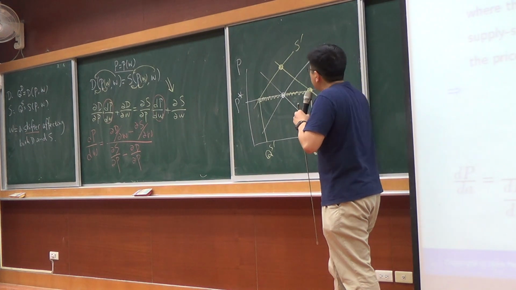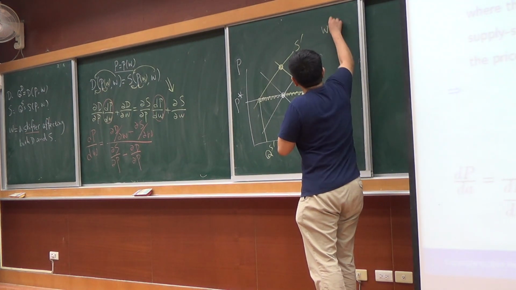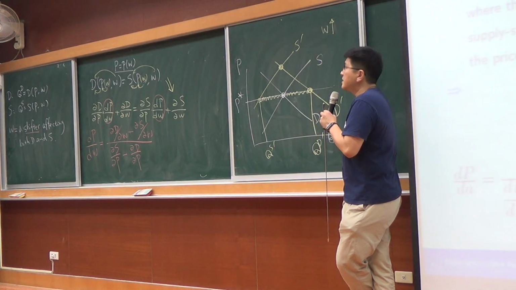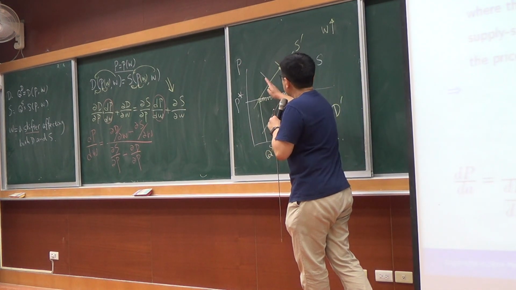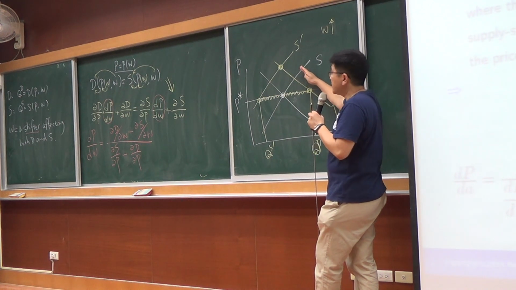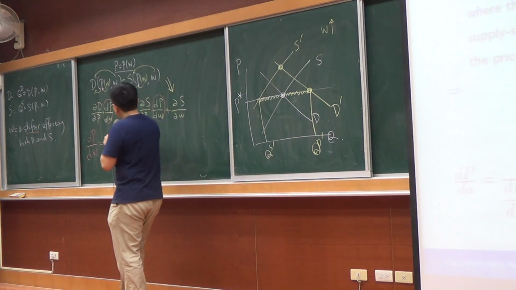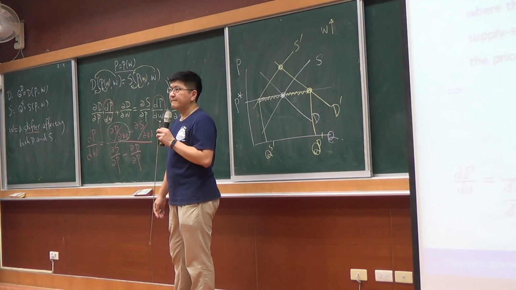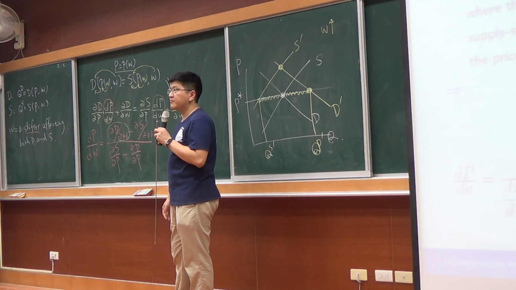Okay, remember I just told you a 1 unit increase in W makes the demand curve shift to the right. So what do you think about this term? Is it positive or negative?